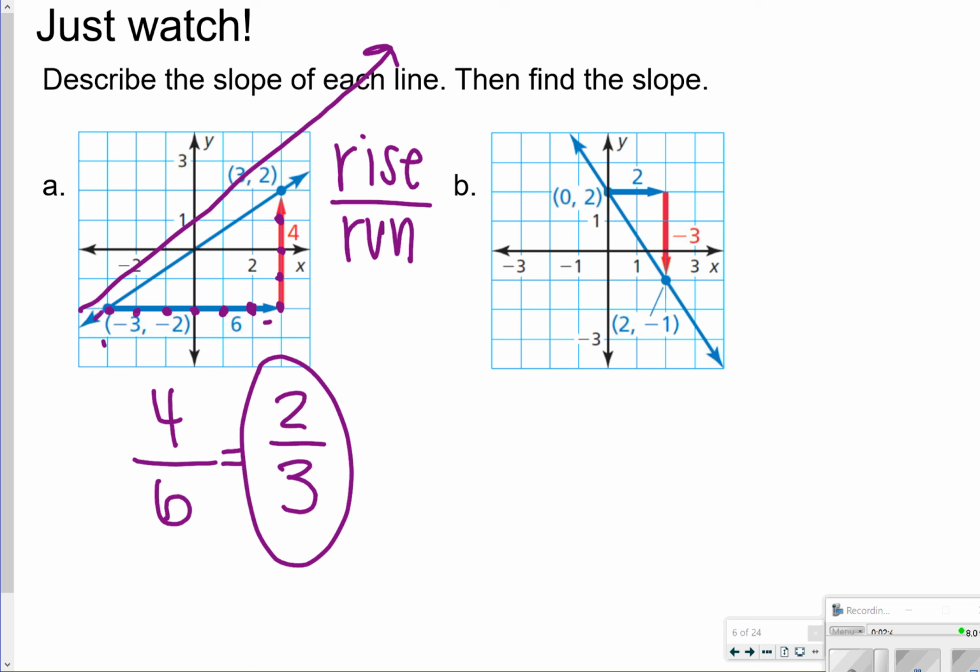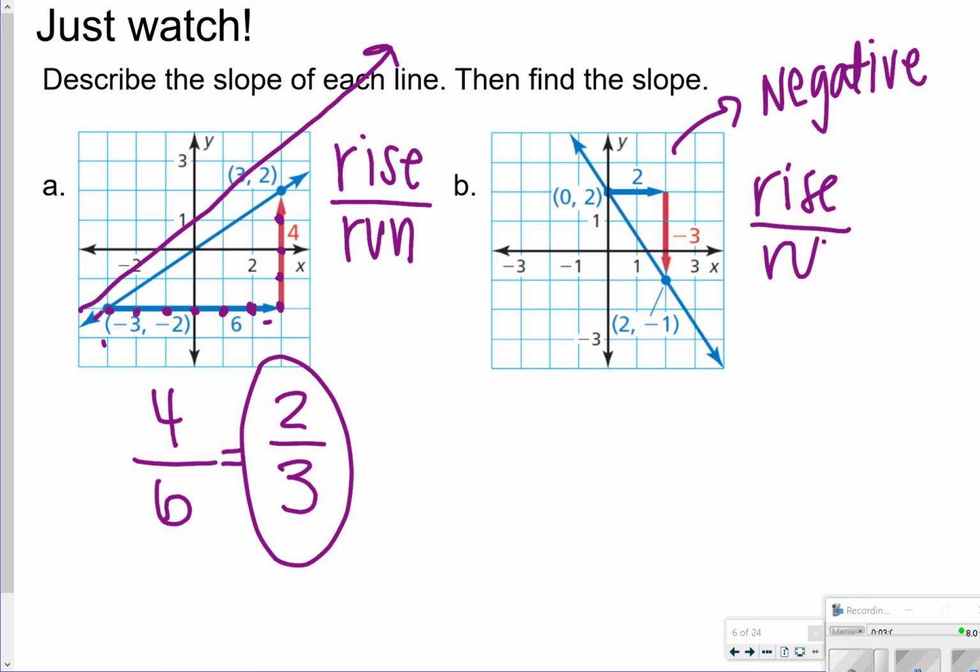Notice in letter B, if you read it from left to right, the line's going down, so this is going to produce a negative result. Again, slope is rise over run. We look for how much did it rise, and it's actually falling, -3, and it ran over 2.